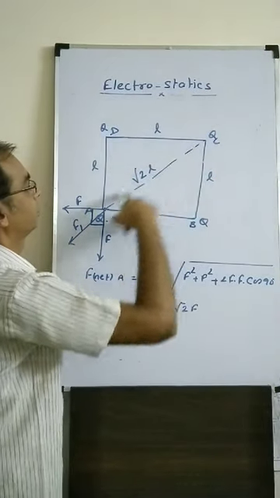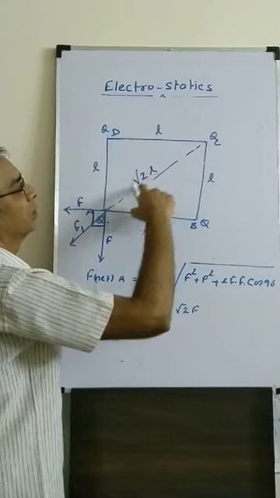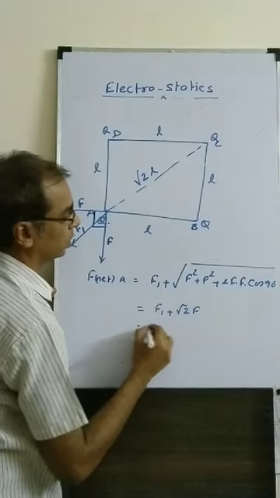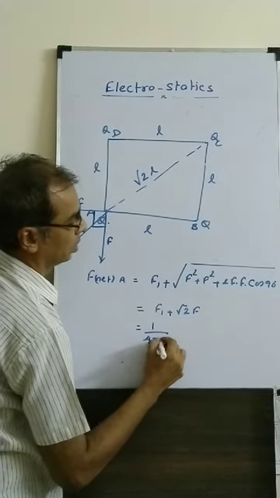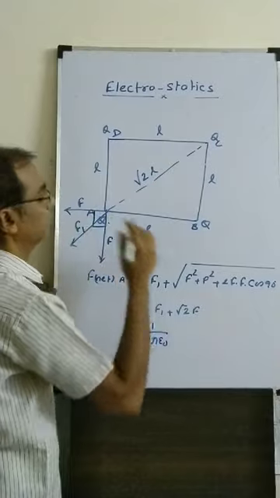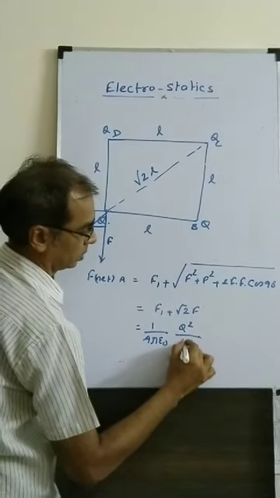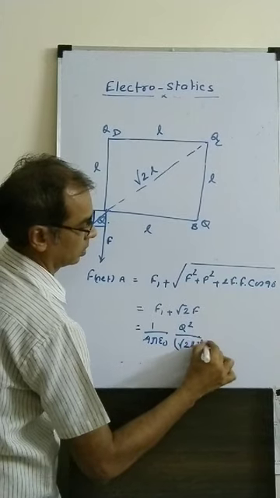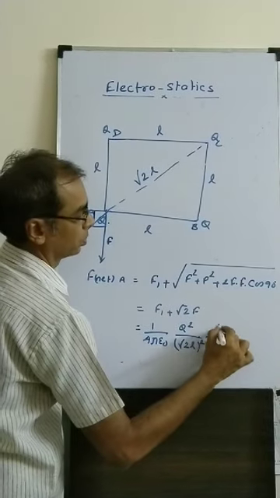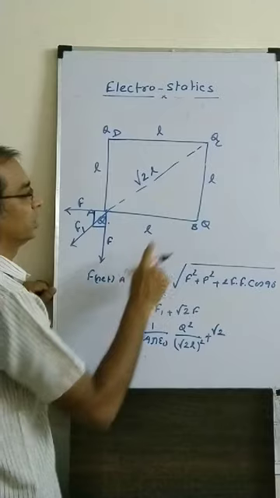Now we can put the values. What is F1? What is the separation in this case? Root 2L. So 1 by 4 pi epsilon naught, Q into Q, that is Q square, by root 2L whole square, plus root 2 into F. What is F?